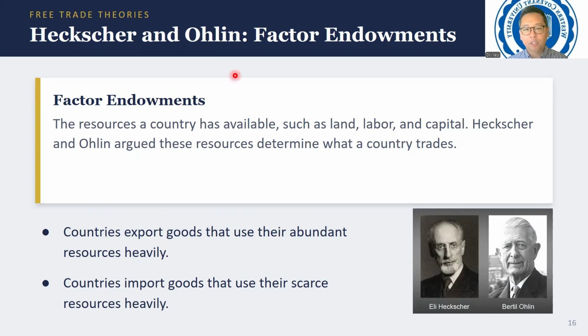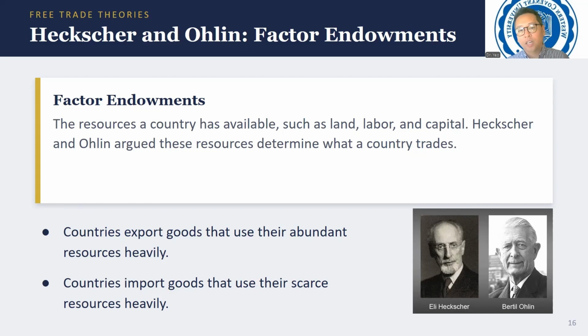Factor endowments are simply the resources a country has available, such as land, labor, and capital. Their theory says that countries will export goods that use their abundant resources heavily and import goods that use their scarce resources heavily. For example, a country with a lot of farmland but few factories will likely export agricultural products.